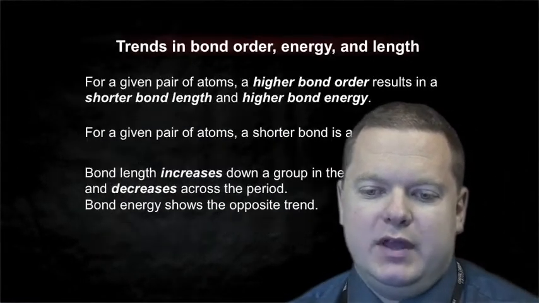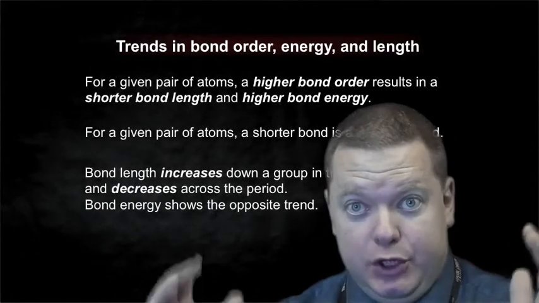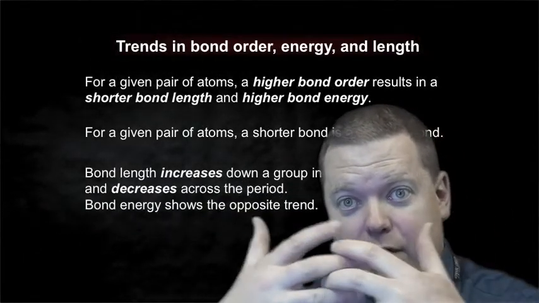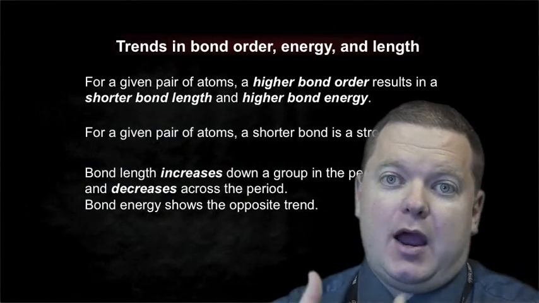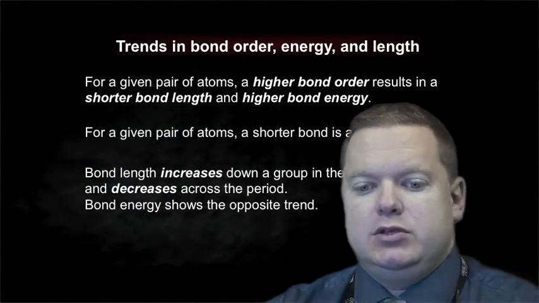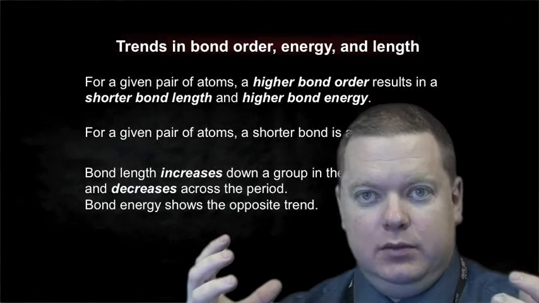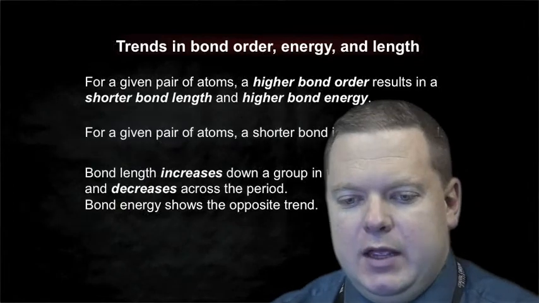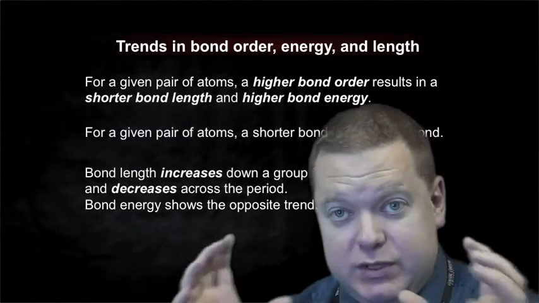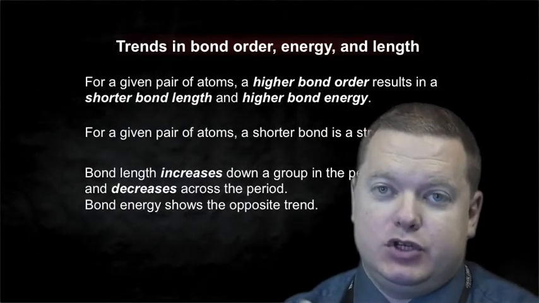So in general, the higher the bond order, the shorter the bond, because we're bringing those two atoms closer together to share more electrons, which gives us a higher bond energy. So the longer the bond, the lower the energy. For any given two atoms, the shorter the bond, the stronger that bond is.